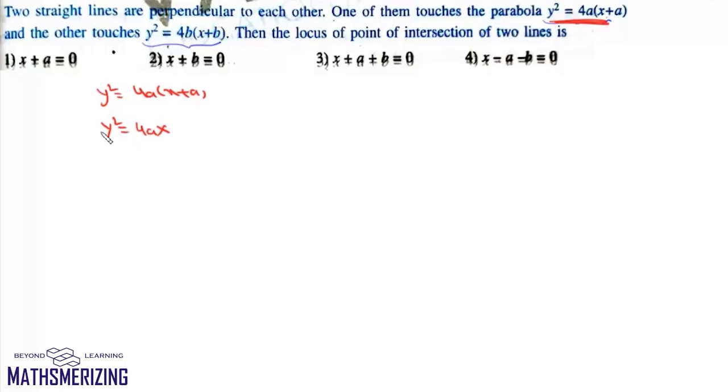Now for this parabola, we can write equation of tangent as tY equals X plus at square. Now in place of Y, we'll write y, and in place of X, we'll write x plus a. So it'll be ty equals x plus a plus at square. So that's my first equation.